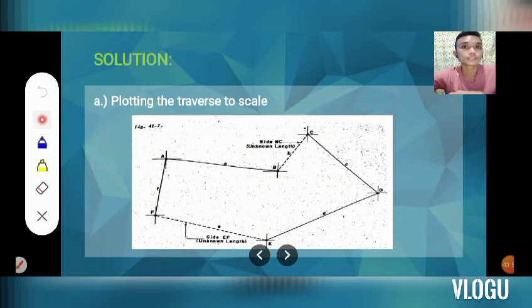Solution: plotting the traverse to scale. We have to plot it. What were the given lines earlier? We have line AB, BC, CD, DE, EF, and FA.